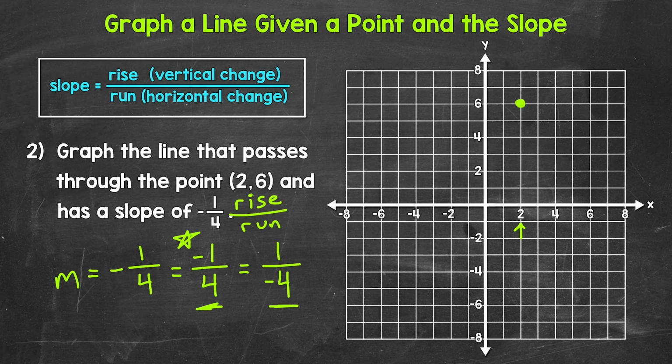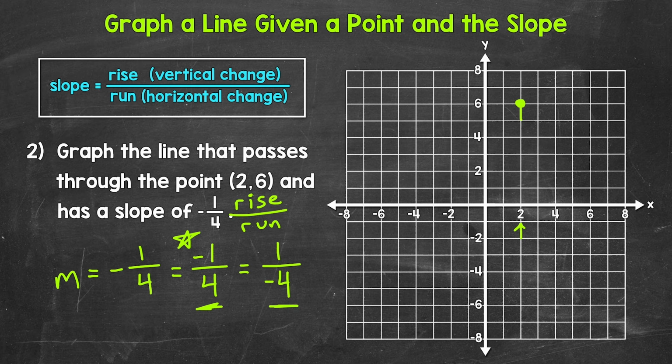Let's use the negative in the numerator first. So we have -1 over +4. Our rise is -1. That means we need to go down 1 from our point. So let's go down 1 unit, and then our run is +4.